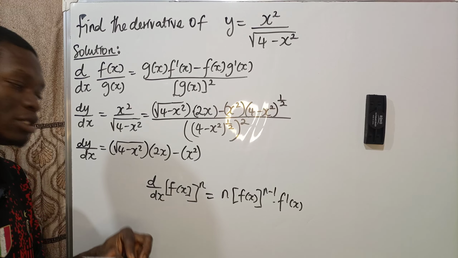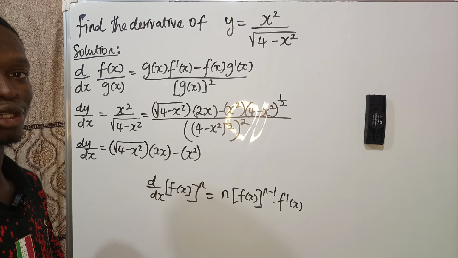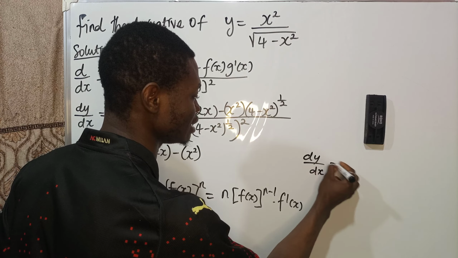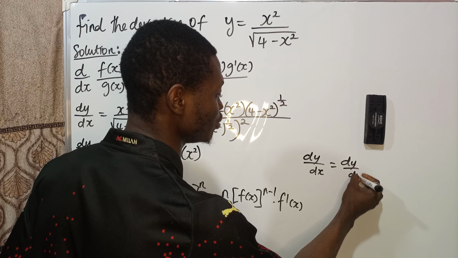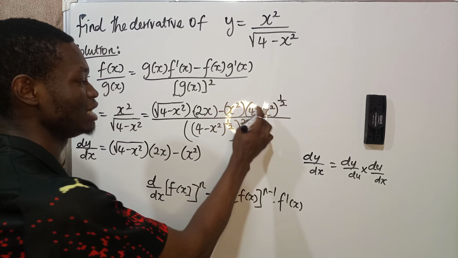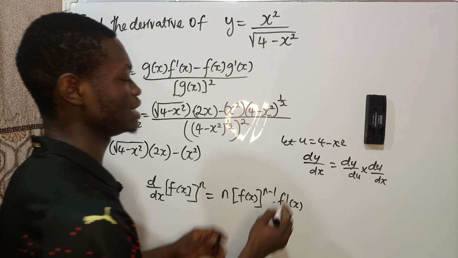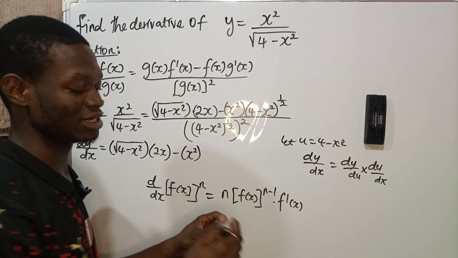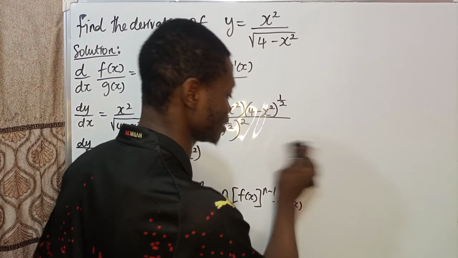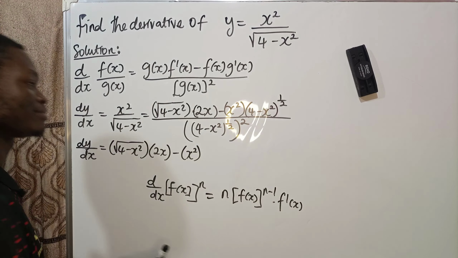This rule is very important in solving chain rule problems. So you don't stress yourself saying dy over dx equals dy over du times du over dx, and start saying let u equal 4 minus x squared, then differentiate du over dx. That's a waste of time. With this formula, you can do it fast and reliably.